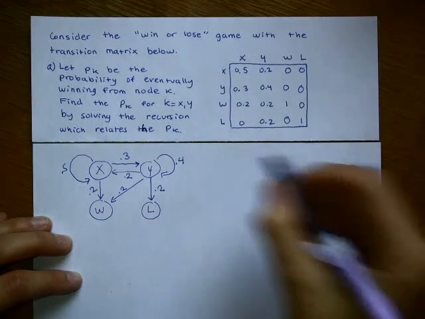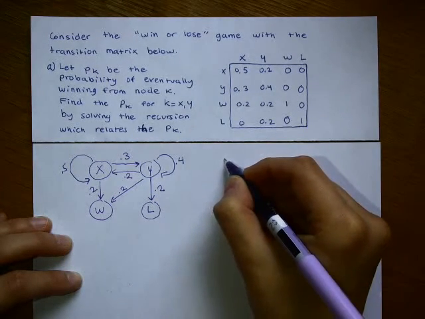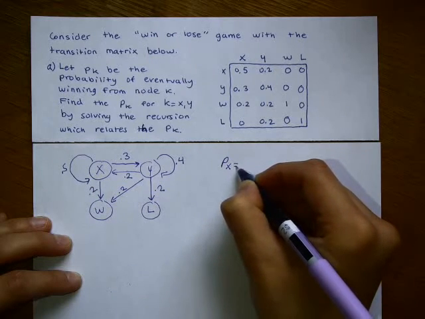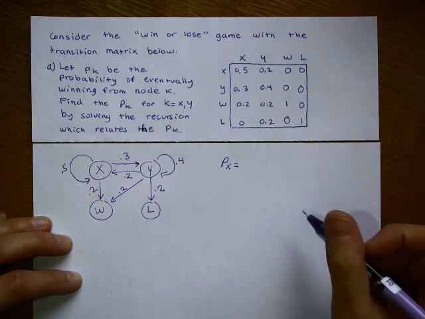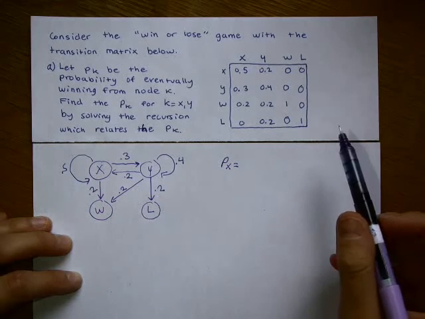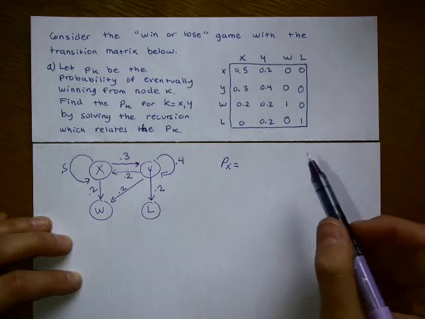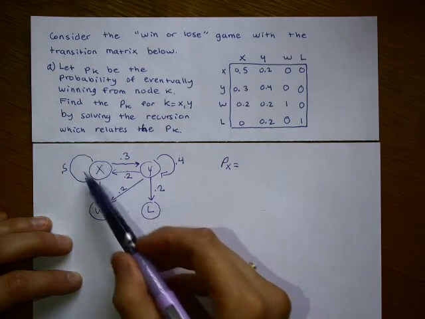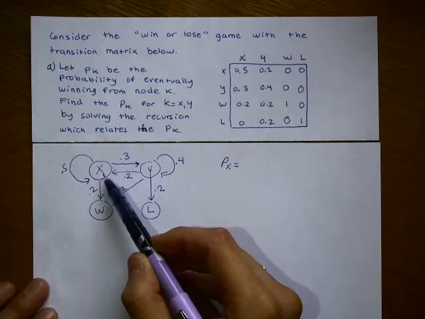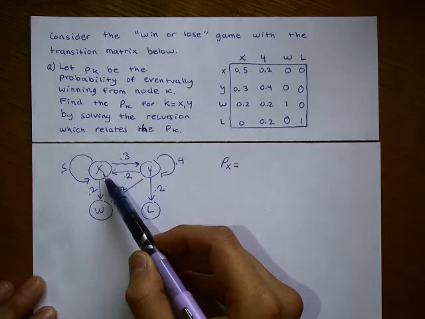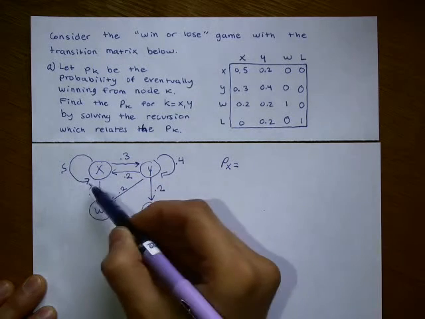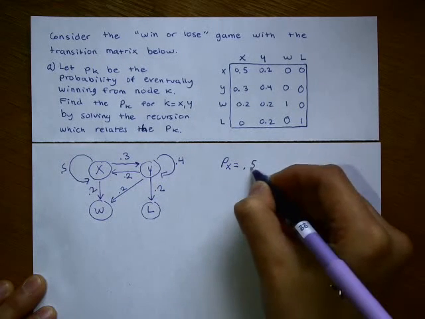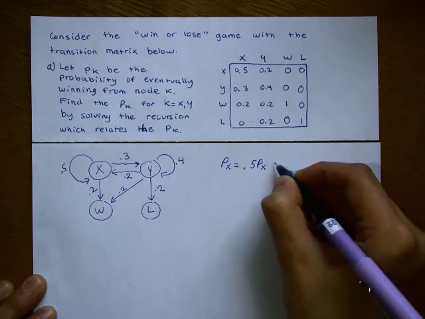So now we can use this to set up 2 equations. So we're going to start at px. So we're going to set up these recursion equations by thinking about the immediate moves from each node. So that means just one move from each node. So if I start on x, where can I go in one move? I can either stay on x, so there's a probability of 0.5 that I'm going to stay on x.